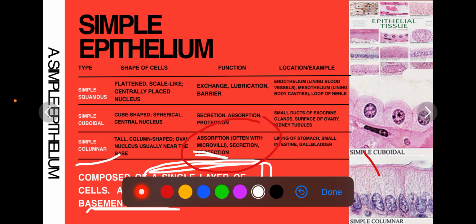So the simple columnar is very good for the microvilli or for the intestine, and also we are going to find it in secretions and in protection. Where do you find it? The lining of the stomach is one of the examples where you can find the simple columnar, and the small intestine, as we have mentioned, with the microvilli, and it's found also in the gallbladder.